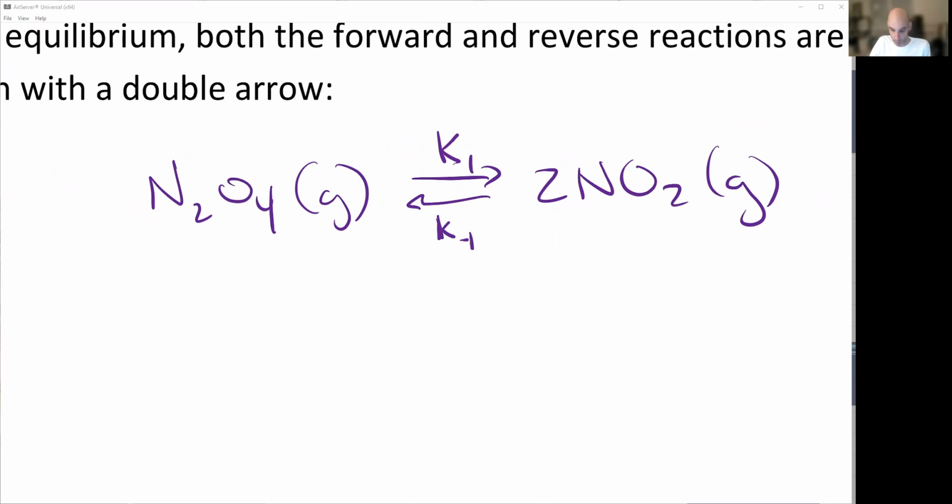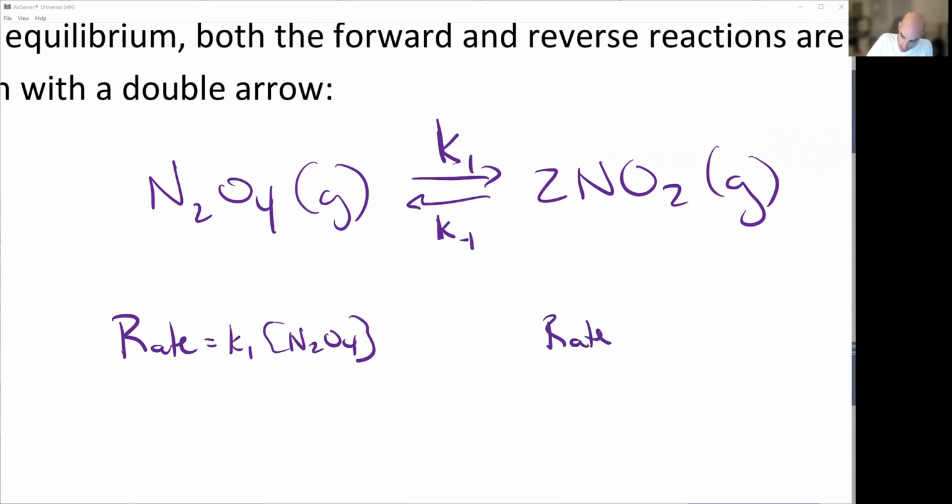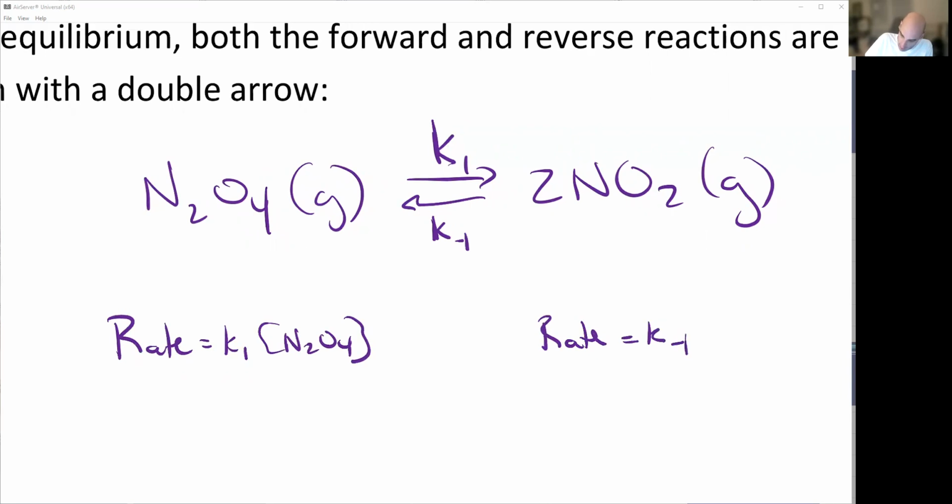So kinetic constant, rate constant of the forward, rate constant of the reverse. We can write this out as rate of the forward reaction is equal to K1 concentration of N2O4. And rate of the reverse equals K minus 1 concentration of NO2 squared.